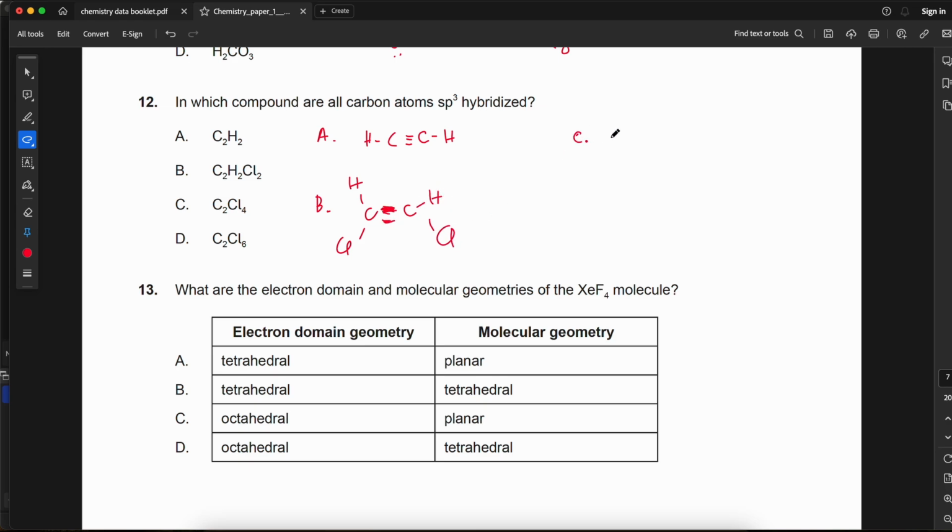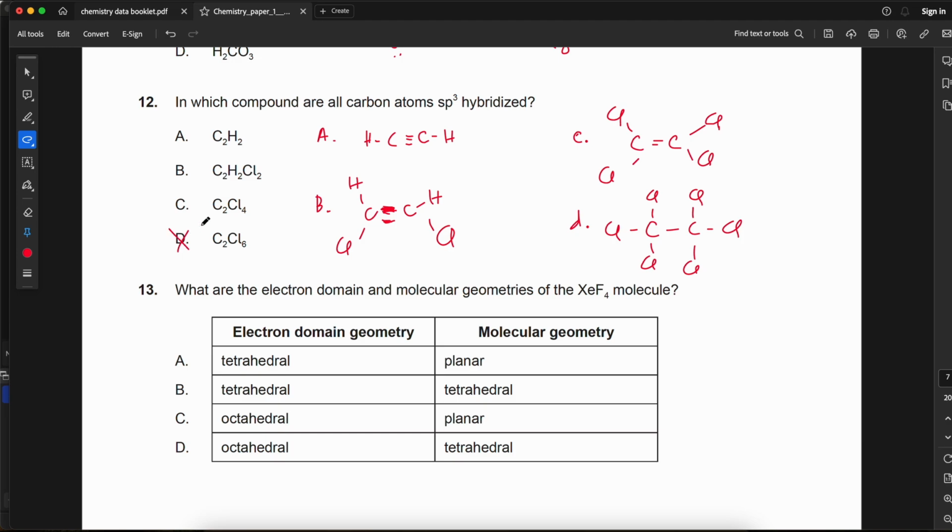And for C, and for D, that would be Cl, Cl, Cl, Cl, and Cl. The answer is D. Why?